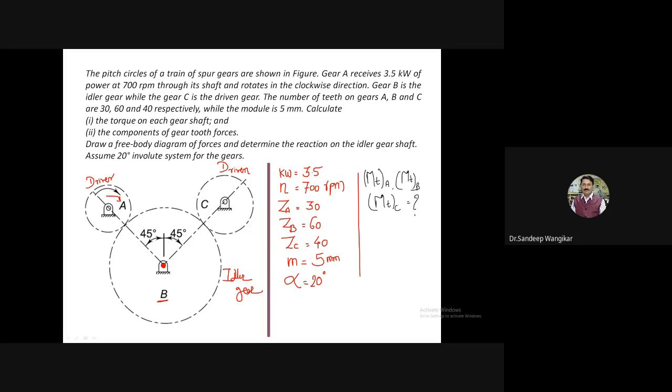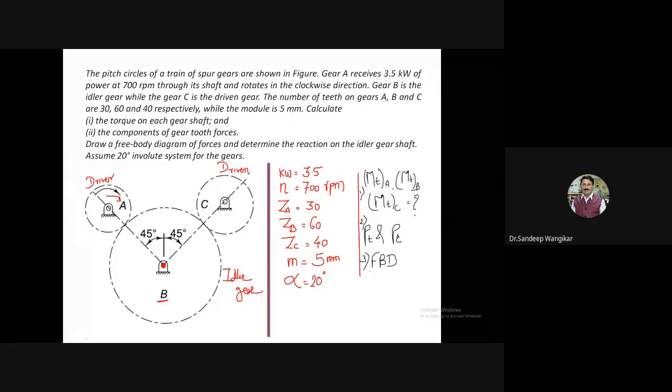Then component of gear tooth forces. So I have to calculate PT and PR, the tangential and radial component. This is the first part, and this is the second part. In the third part, we have to draw a free body diagram and calculate the reaction at this particular gear.